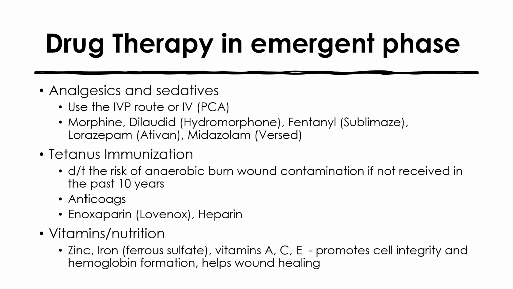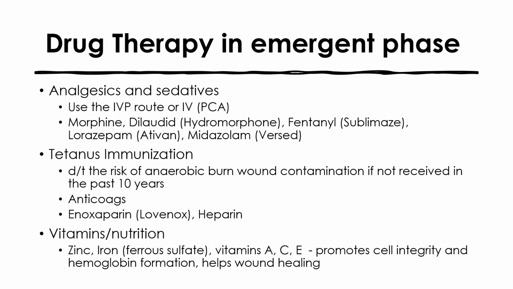So, drug therapy during the emergent phase. Pain relief, right? So analgesics and sedatives. Typically, we're using the IV push route or an IV such as a PCA. PO is just not quick enough at this phase. We're very acute, and they need relief quickly.